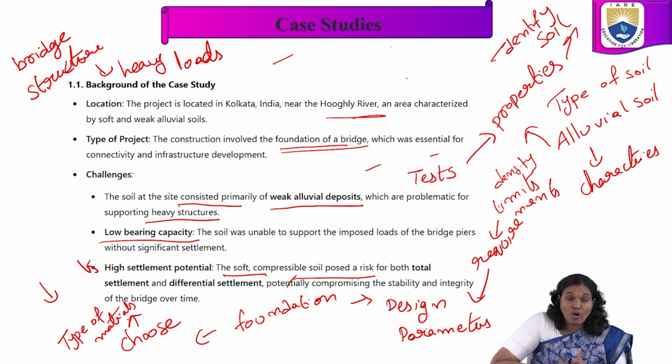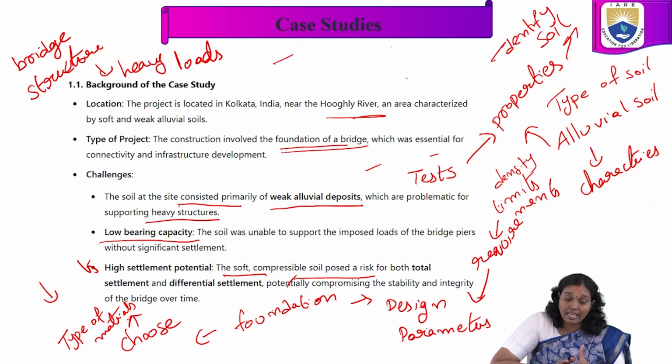So at the time of designing, at the time of decision making, whenever they consider these kinds of scenarios, at that time only we have to think about all these parameters. So it depends upon the practical scenarios. And one more important challenge is the low bearing capacity.